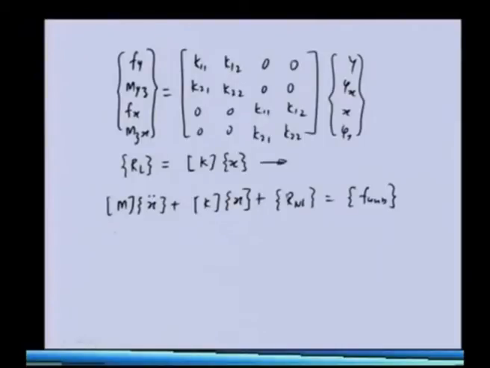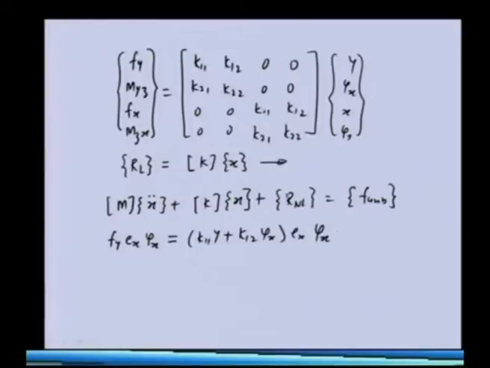One of the terms is fy, ex, and then phi x, is equal to fy. From the above equation we can see fy is k11 into y plus k12 into phi x, times phi x.